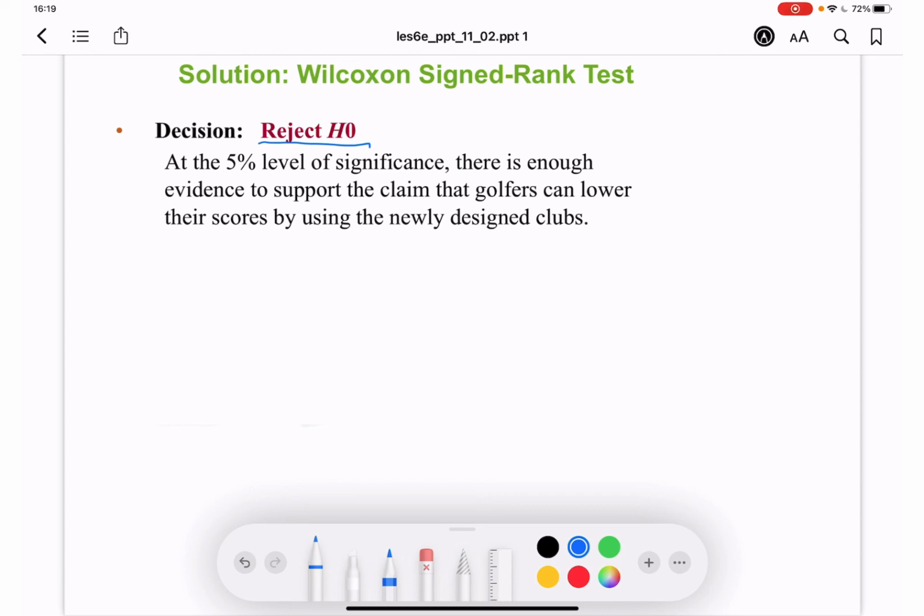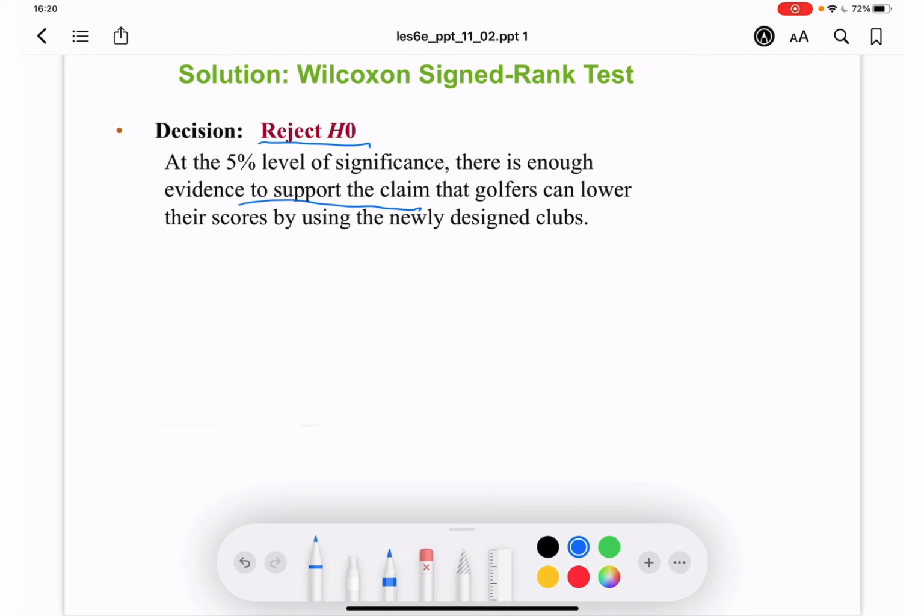Therefore, at the 5% level, there is enough evidence to support the claim that golfers can lower their scores by using a newly designed club.